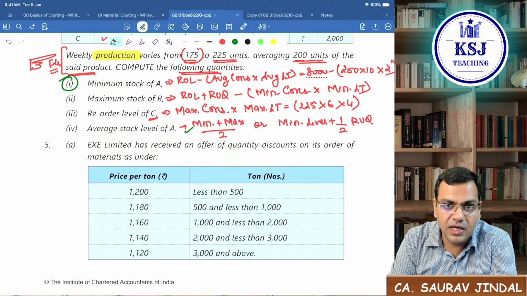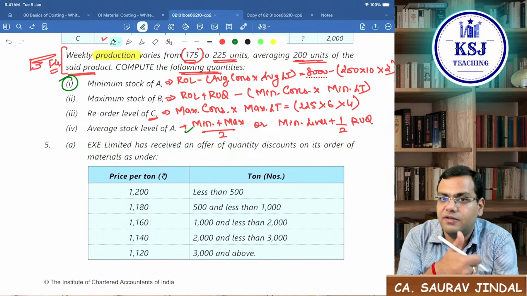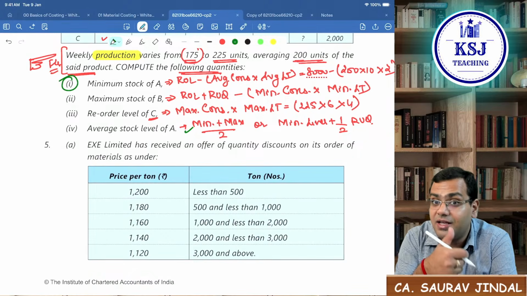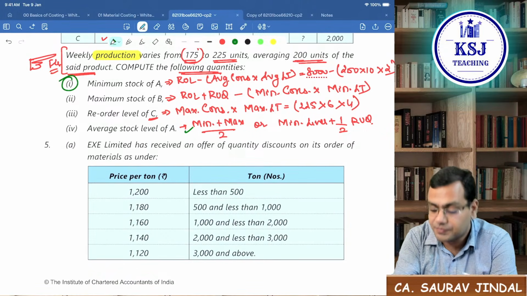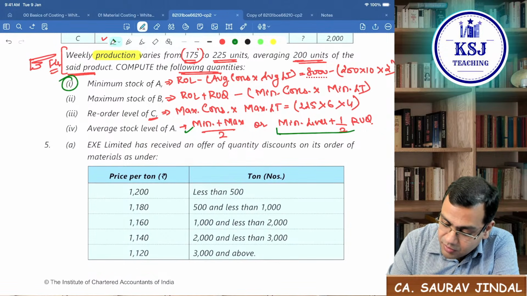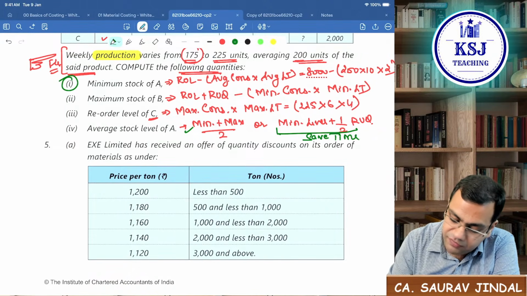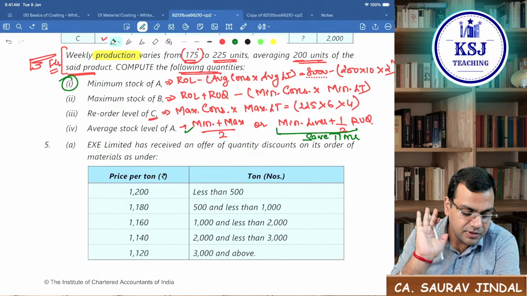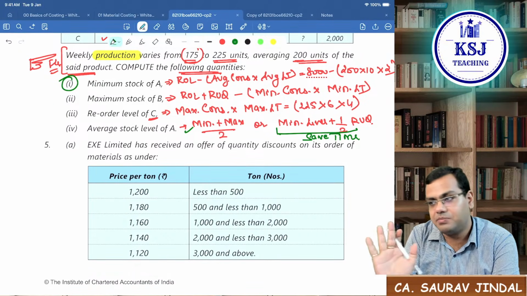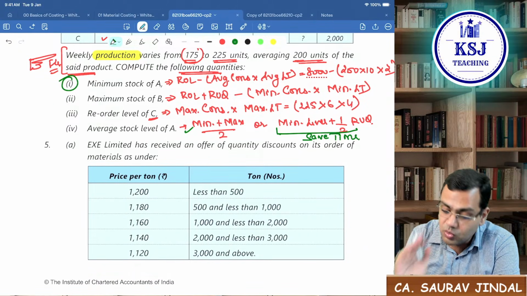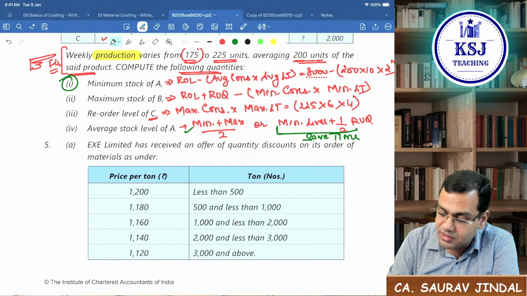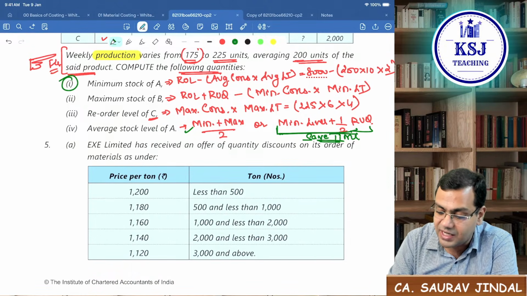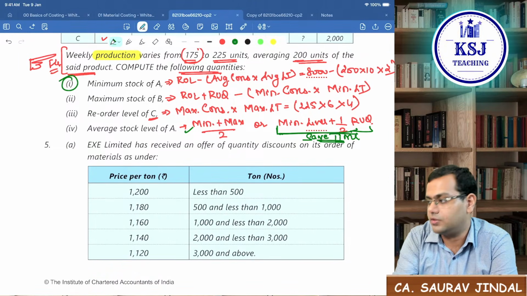The second formula: minimum level you have already calculated in the first part, and ROQ is directly given in the question. So by applying this formula, you can save time in the examination. Both the formulas will get different answers, and both the formulas are absolutely correct. No issues in that. The only thing is that this formula will save time in this particular question.